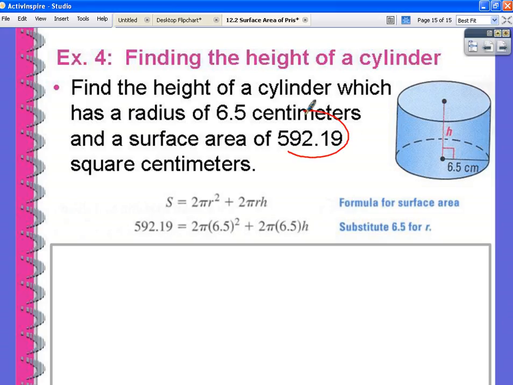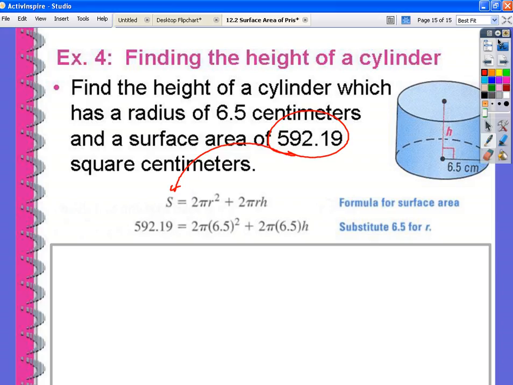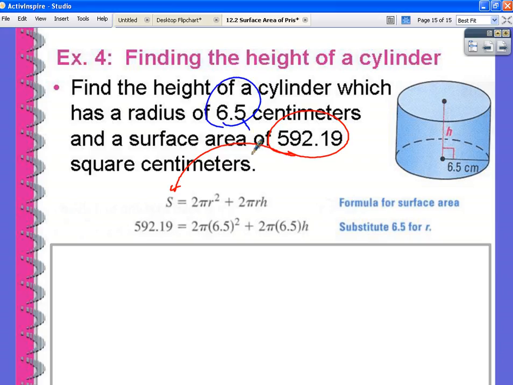When I plug those in, look what I get. The S becomes 592.19. 2 times pi times 6.5 squared is just going to be a number, right? Over here I'm going to get 2 times pi times 6.5 times, I want you to notice something, times h. How many unknowns are there in that equation now? 1. If there's one unknown in an equation, we can always solve for it by isolating, right?